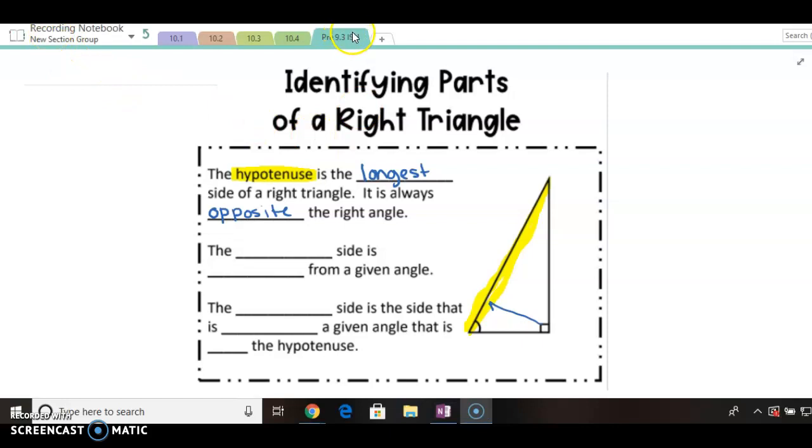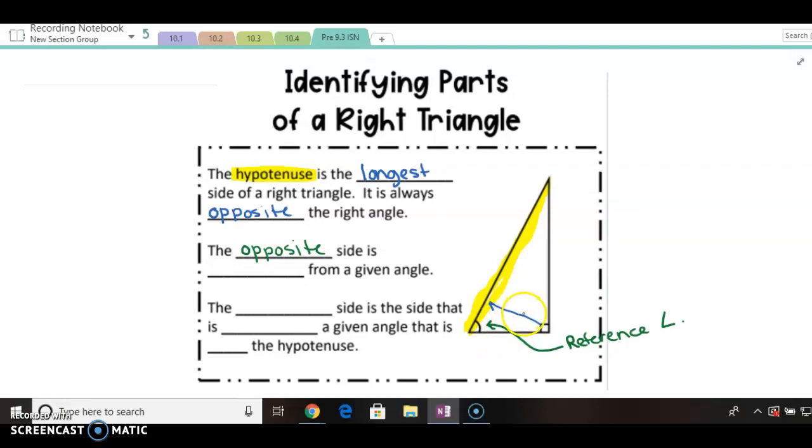The second side we're going to talk about is called the opposite side. Now the opposite side on a right triangle, when we do trig, we're going to have what we call a reference angle. And this here is going to be our reference angle. Sometimes we know the measure of this reference angle, sometimes we just have a marking, or sometimes it'll just say angle A or angle B or whatever.